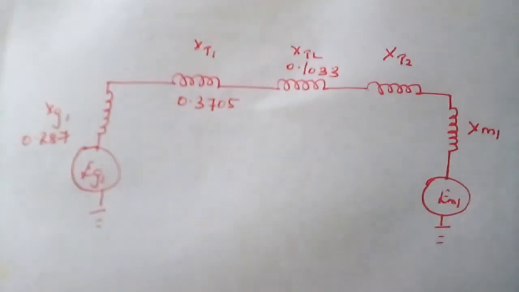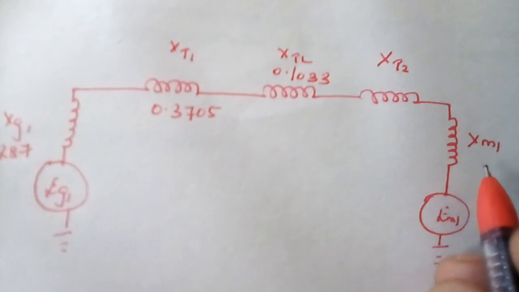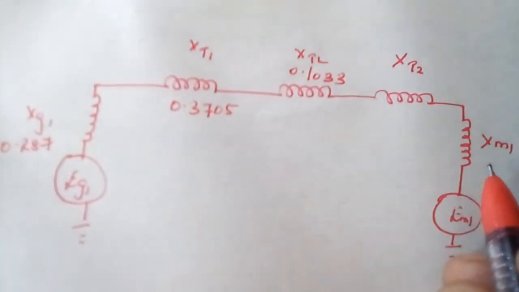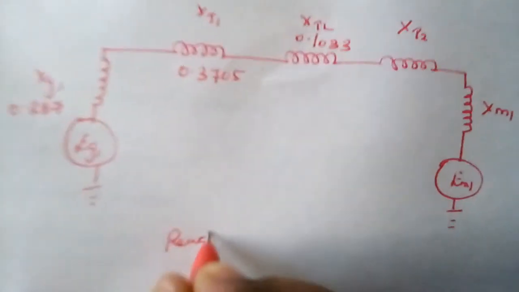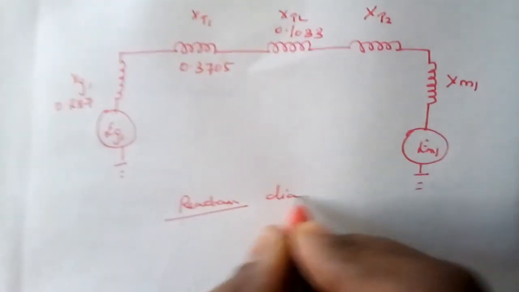Similarly, substitute for transformer T2 and for the motor M. Okay, this is the reactance diagram for the provided single line diagram.